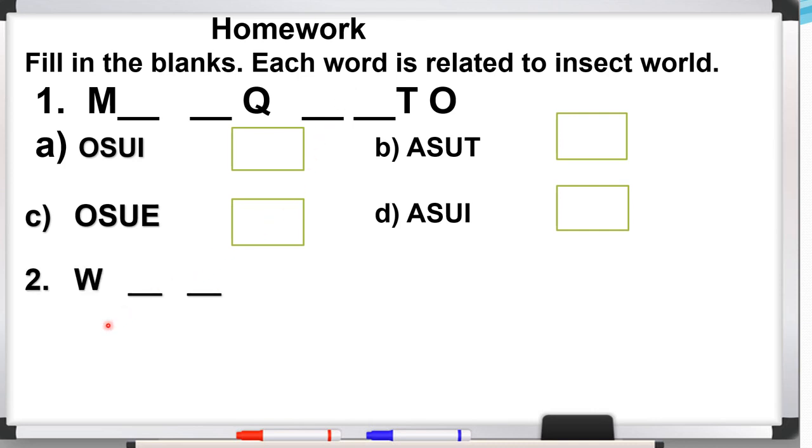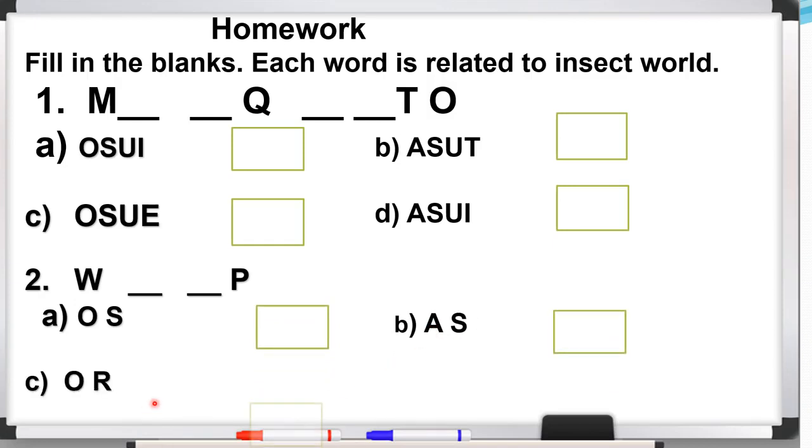Now question number 2, W dash dash P: A O S, B A S, C O R, and D R A. Okay, you have to fill the blanks and come to know which insect name is this.